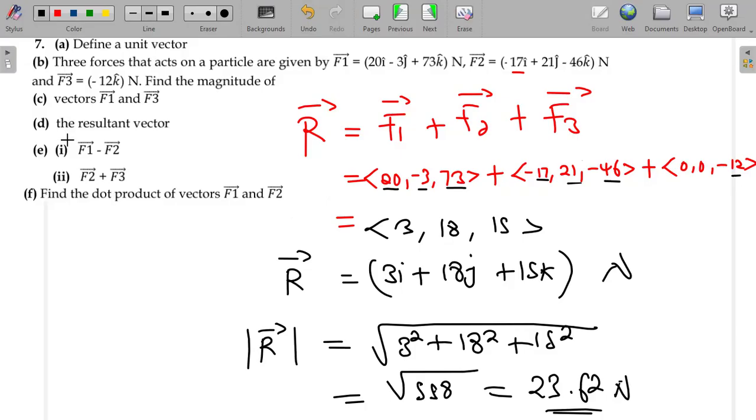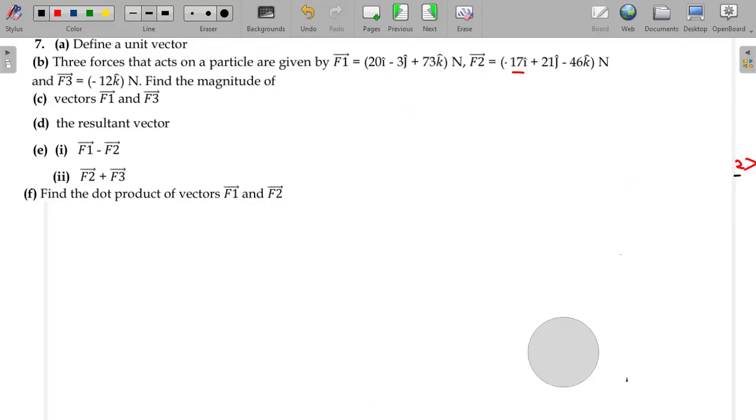All right, next we'll be finding the magnitude of F1 minus F2 and F2 plus F3. Okay, so let's do that. So first of all, we need the answer to F1 minus F2.